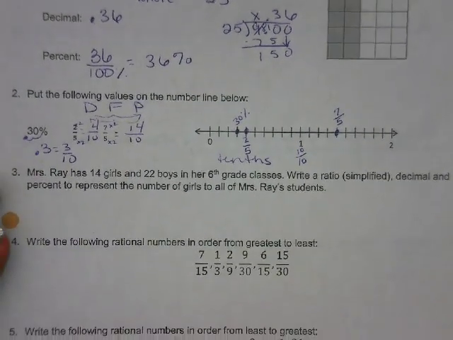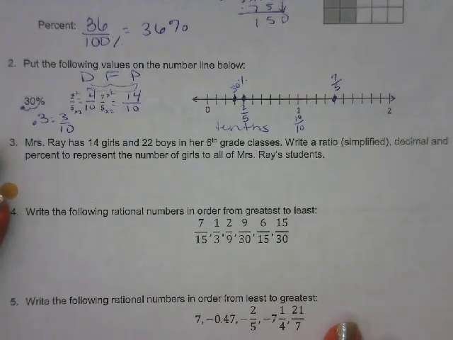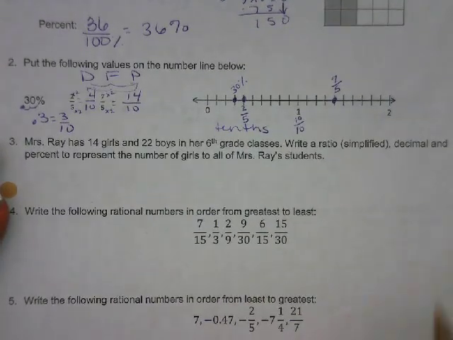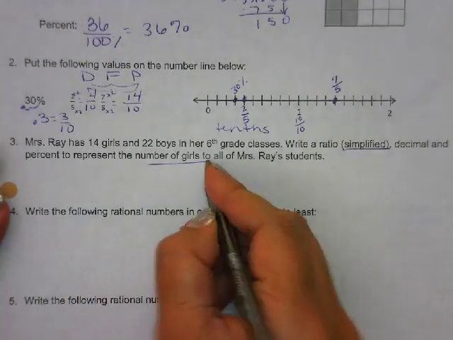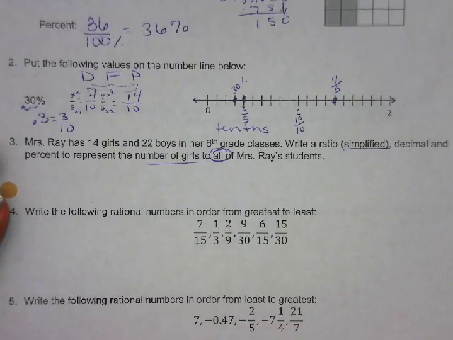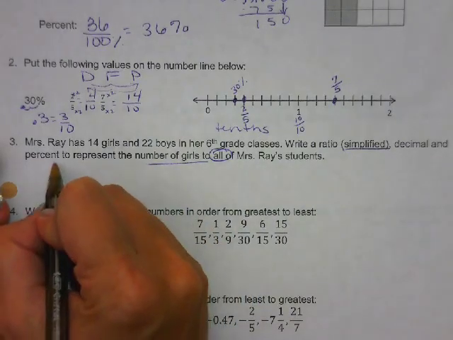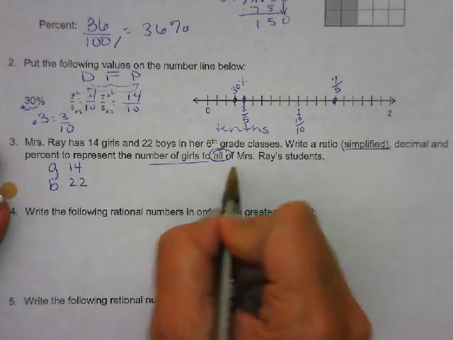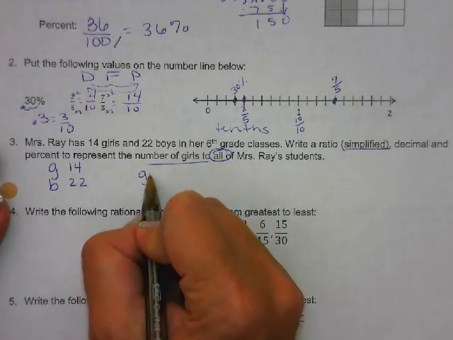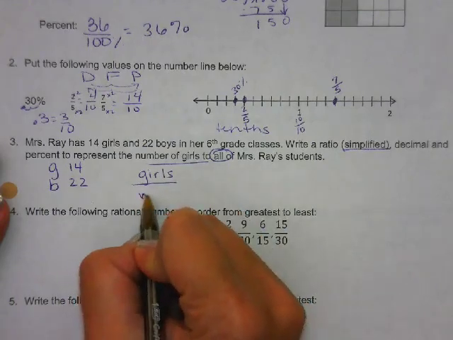Mrs. Ray has 14 girls and 22 boys in her 6th grade classes. Write a ratio that is simplified, a decimal and a percent to represent the number of girls to all students. So notice here I have a part that is girls, I have a part that is boys, but I need a ratio that is girls to whole.